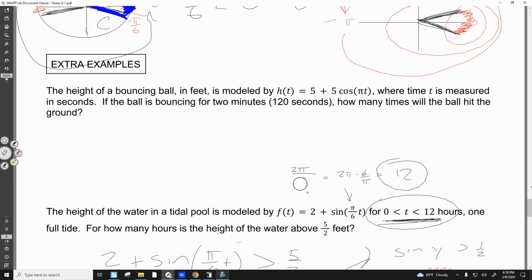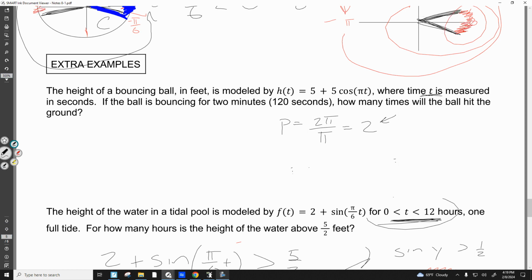Height of the bouncing ball is modeled by this, where t is measured in seconds. The ball is bouncing for 2 minutes, which is 120 seconds. Now, my period is typically 2 pi, but b is pi, so I get 2. The period is 2 seconds.